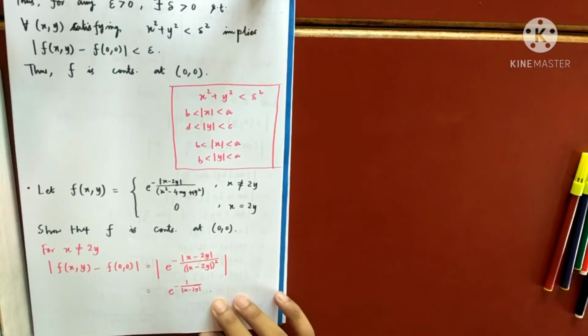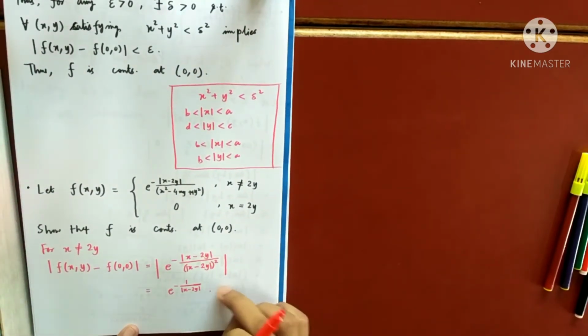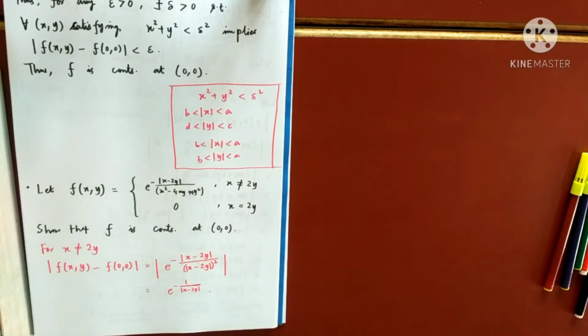So this should be less than epsilon. I have to find some neighborhood for which this is less than epsilon, right? So let epsilon be greater than 0. Usually we take epsilon greater than 0, but here I am restricting one thing: let epsilon be less than 1 also. Epsilon is always arbitrary; it can be however small, however big.